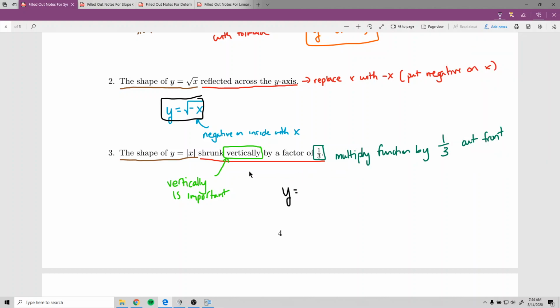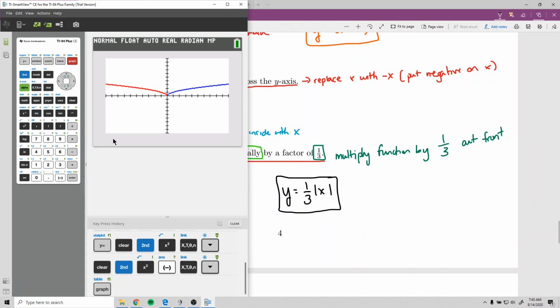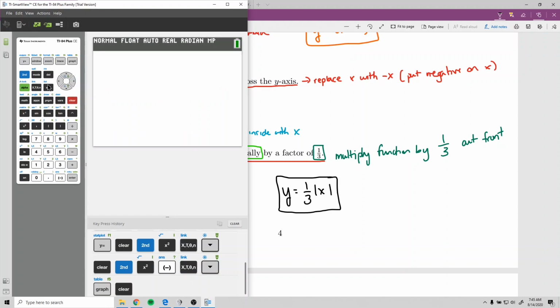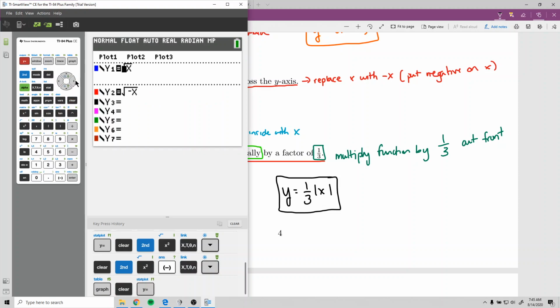So we got y equals the absolute value of x, and we multiply by 1/3. So we get 1/3 times the absolute value of x. Now, if you want to check your answer, you can definitely do that. A lot of graphs are not super easy to see shrinking or stretching vertically, so you'll often see the absolute value for those.